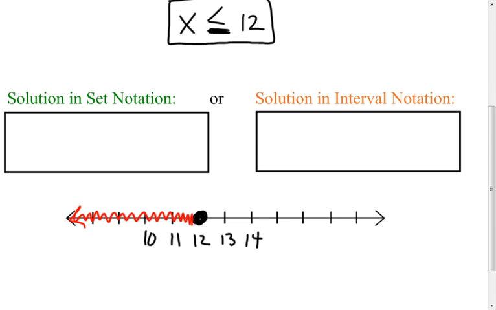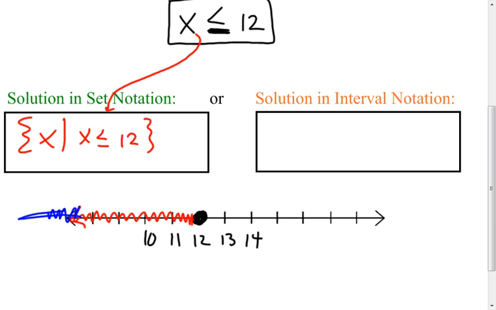All right, so here we go. In solution set, again, funky bracket, x, such that, every single time. And then all you need to do is copy that: such that x is less than or equal to 12. Solution set, again, you're always working from left to right. So you want to think about where you start shading. Well, I start shading way down here, because remember the shading goes on forever and ever. I'm going to shade all the way until I go over here.